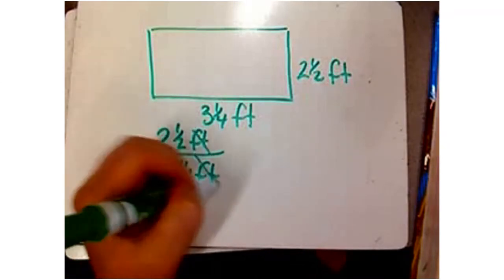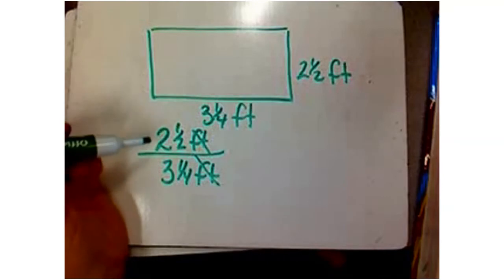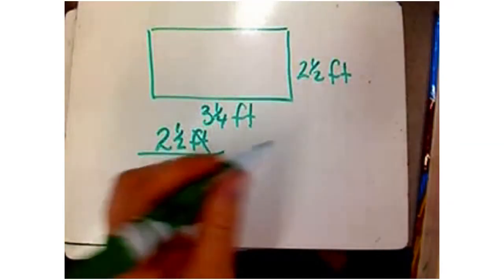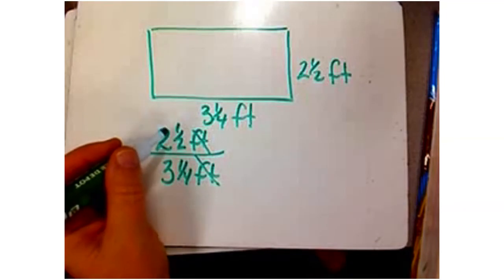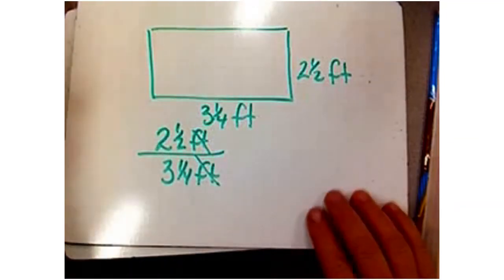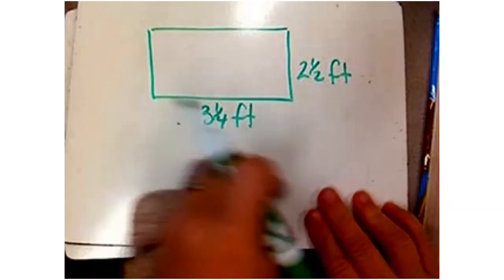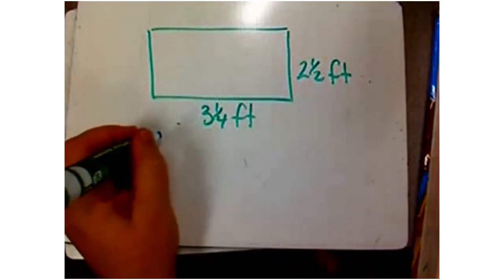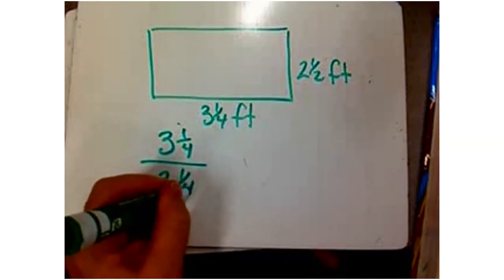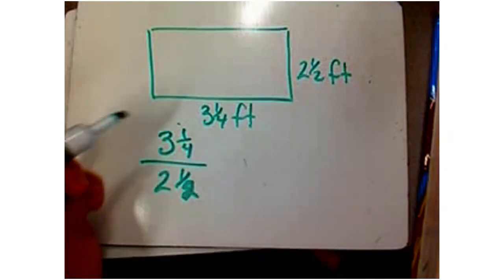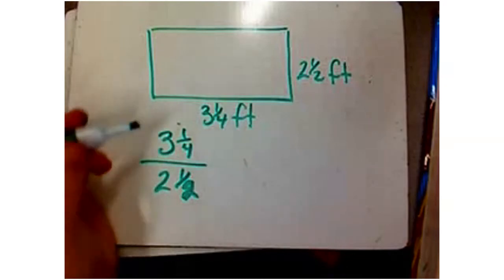We can cancel our feet, and then change both of these to improper fractions. Actually, I did this a little backwards. Sorry, your book decided to compare the length to the width. So let's make sure we follow that. So we have 3.25 compared to 2.5. All right, 3.25 over 2.5.